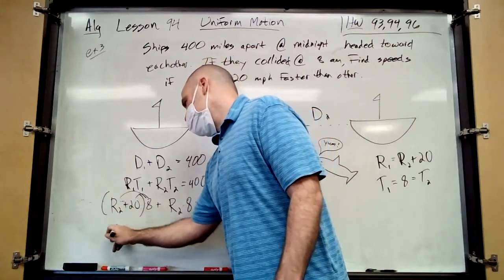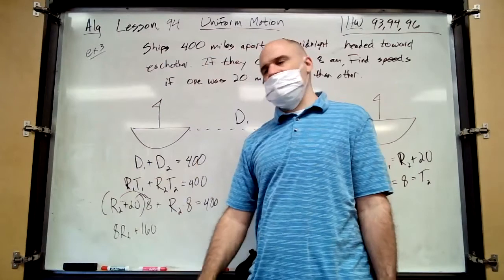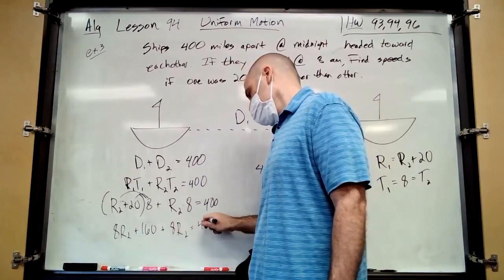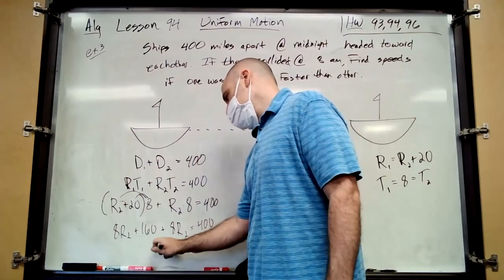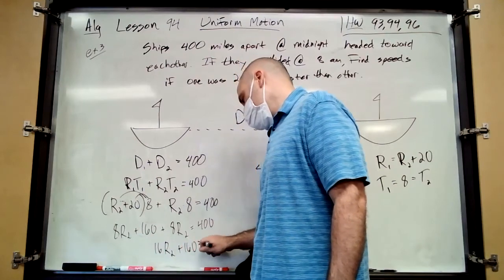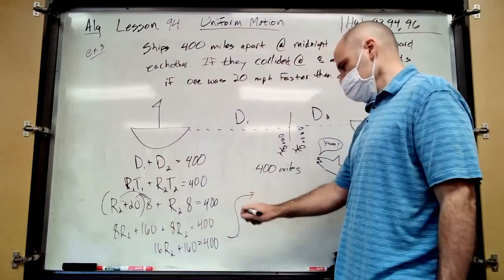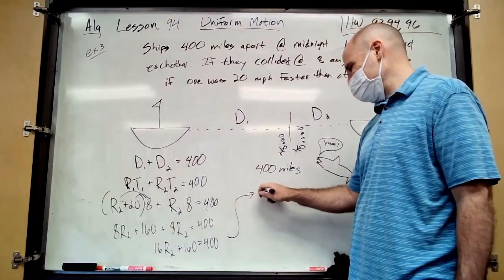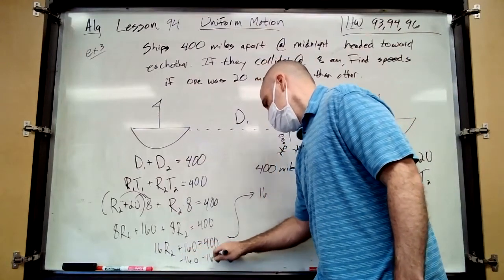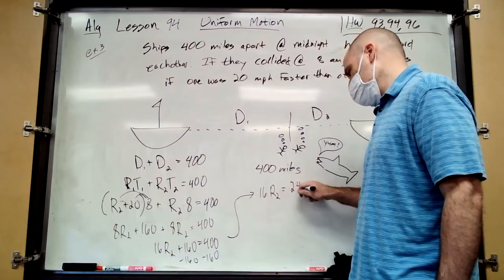So we'll have an 8R2 over here, plus 160, I'm just distributing that 8, plus another 8R2 equals 400. So 16R2 plus 160 equals 400. Subtract 160. 16R2 equals 240.